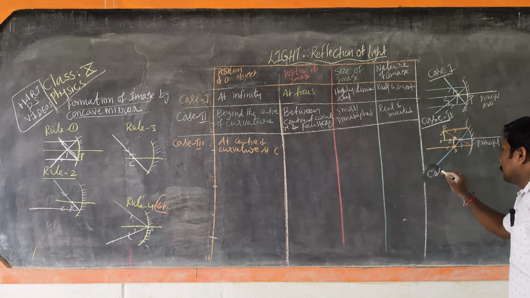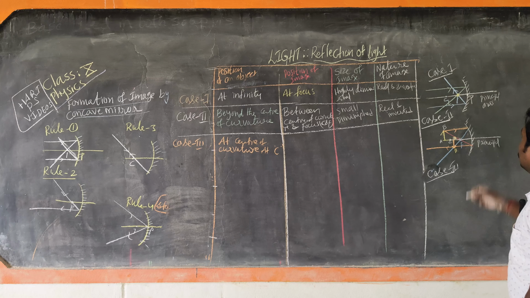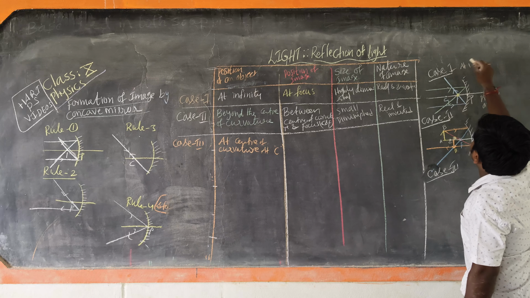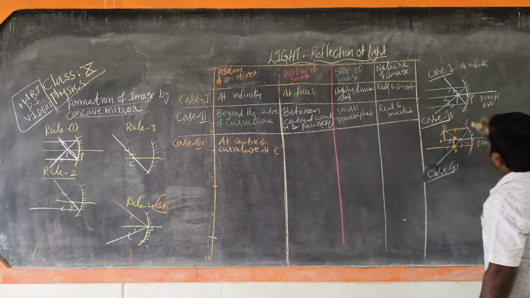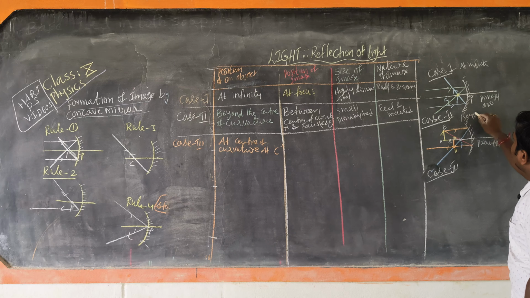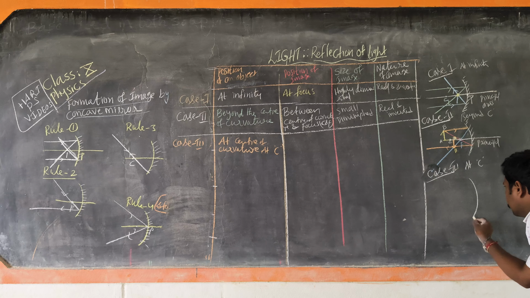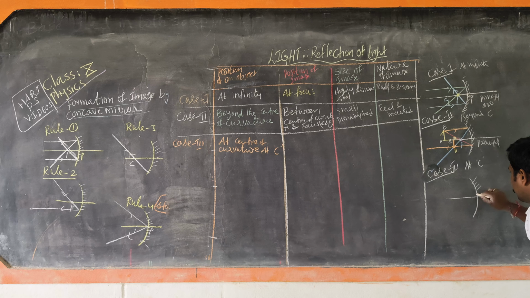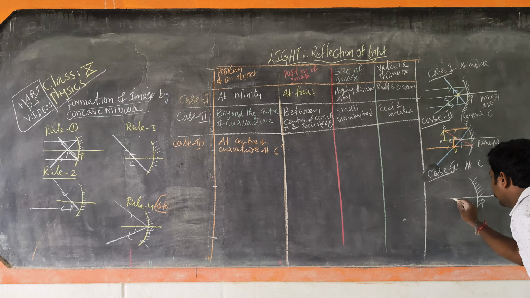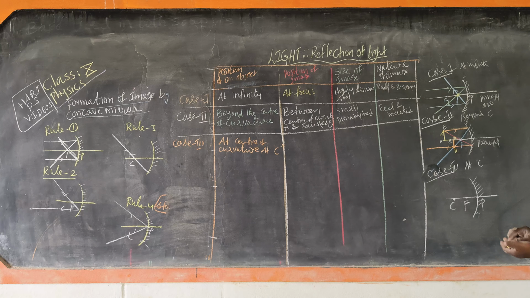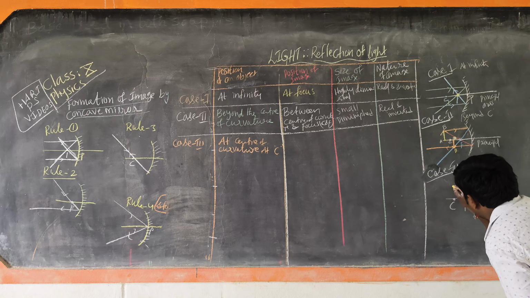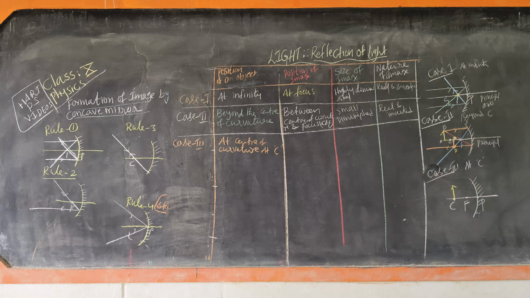Before, it was at infinity, then behind C. Now at C. So concave mirror, pole, principal axis, here is C, here is the focus. Now the object is placed at C.